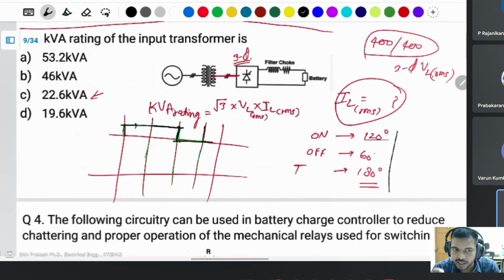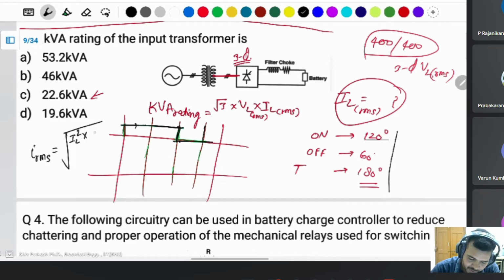If you have a square wave, simply, if you want to calculate IRMS, it is the root of the square of this value into the on time. The on time is 120 degrees divided by the total time, which is 180 degrees.